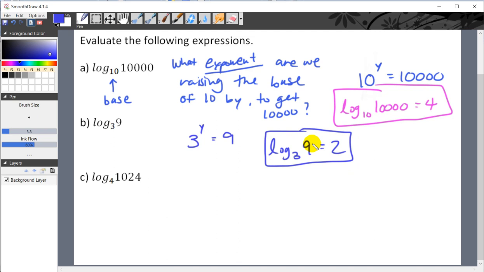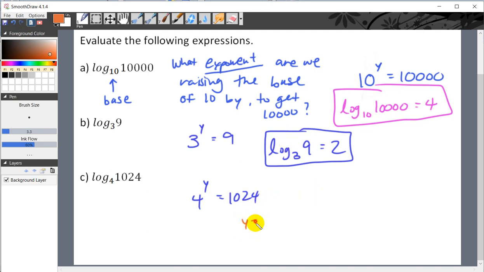Let's look at this last one. Same idea: what exponent, y, are we raising the base of 4 by to get 1024? If you do it on a calculator, 4 times 4 times 4 times 4 times 4 gives you 1024.